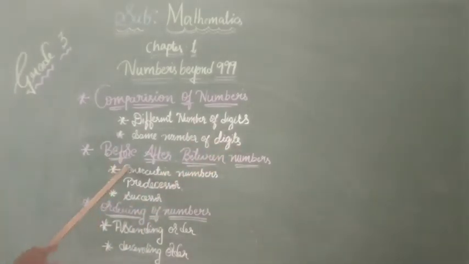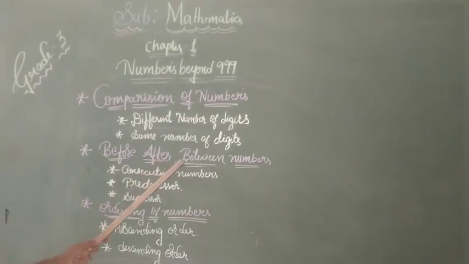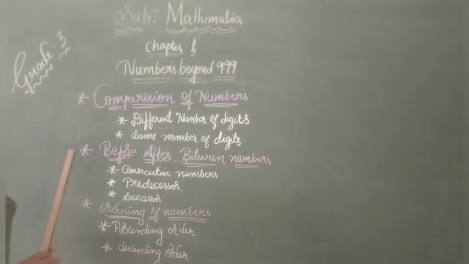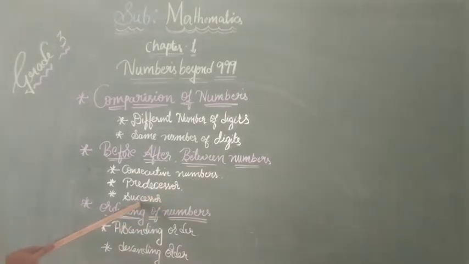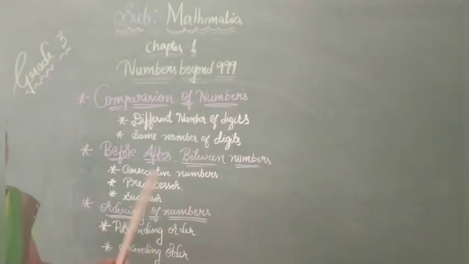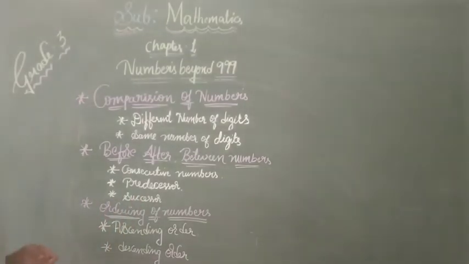Next topic is before, after, and between numbers. In this we discuss consecutive numbers, predecessor numbers, and successor numbers. Another topic we discuss today is ordering of numbers, where we discuss how to write in ascending order and descending order.